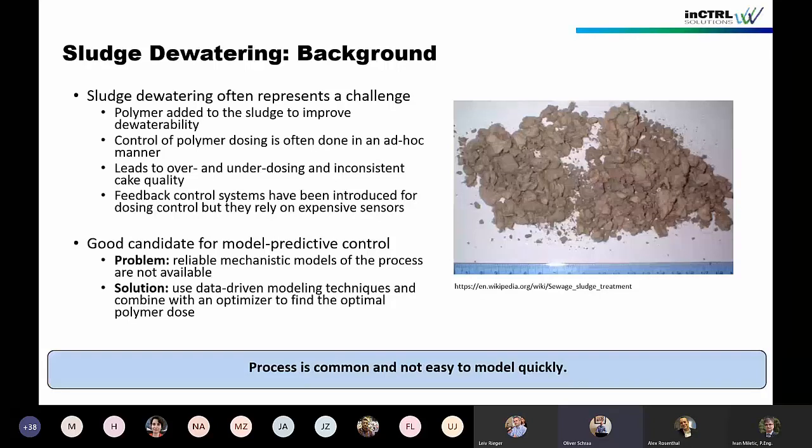This kind of thing can lead to either over or underdosing, and that will mean inconsistent cake quality. But it'll also mean increased costs potentially because you may overdose and use more polymer than you really need to.